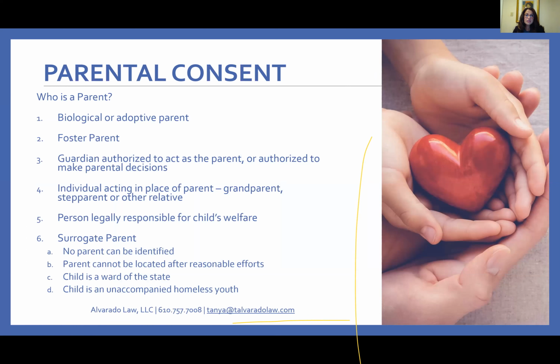A parent can be a biological parent, an adoptive parent, but the IDEA also includes people who can step into these shoes, and you do not need a court order to be able to step into some of these shoes. It's just circumstances. The idea is that the child's educational rights should not be delayed because the parent or adoptive parent cannot make it to a meeting.